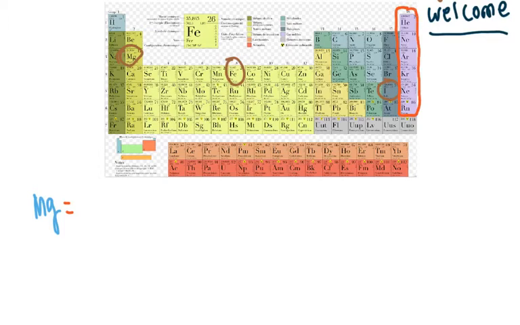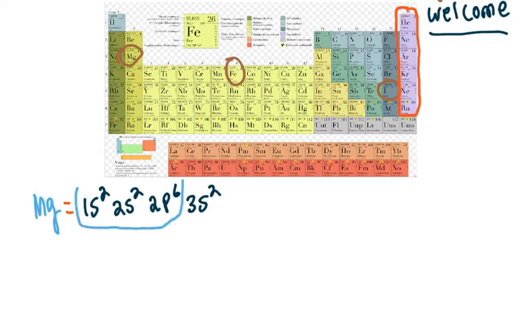Instead of writing for magnesium the electron configuration as this: 1s2, 2s2, 2p6, and 3s2, this whole thing, we can replace by just simply writing in brackets the noble gas that came before the element you're trying to write the electron configuration for.